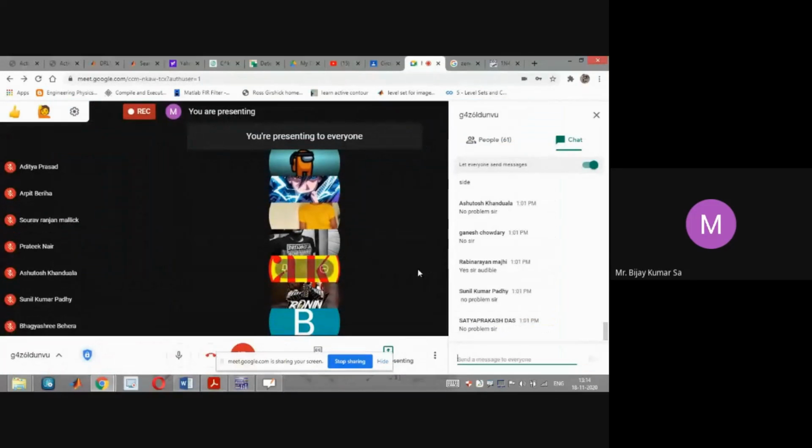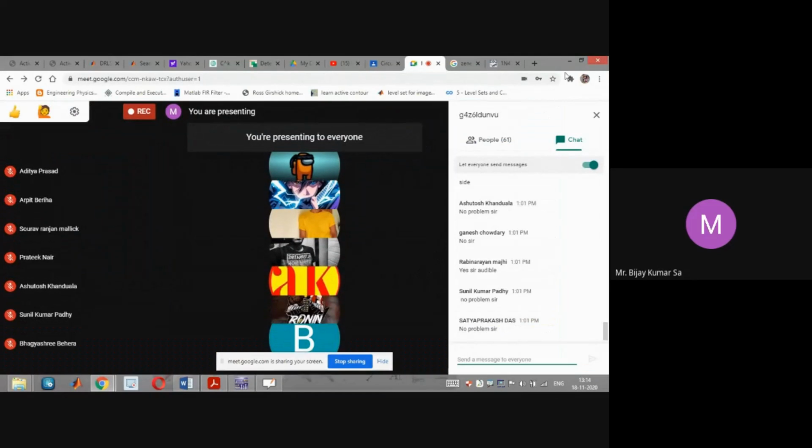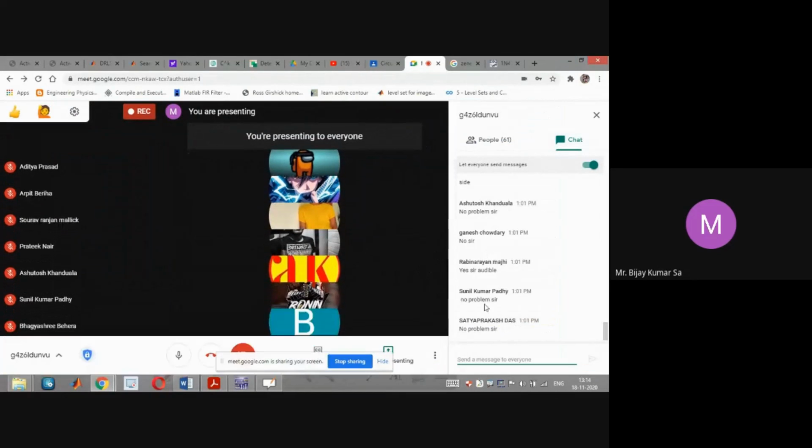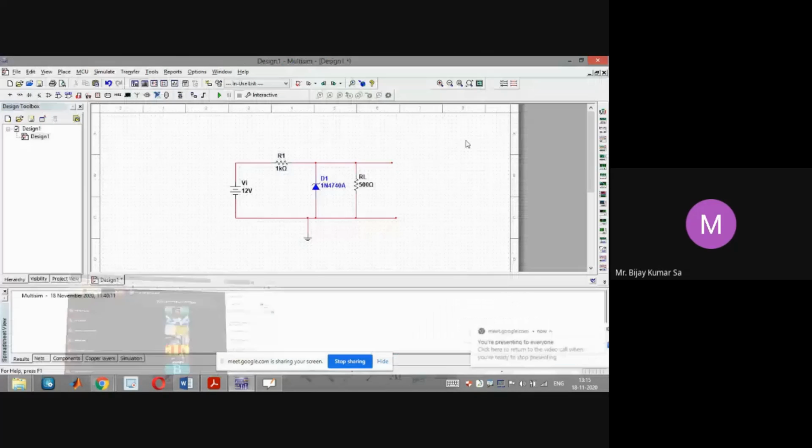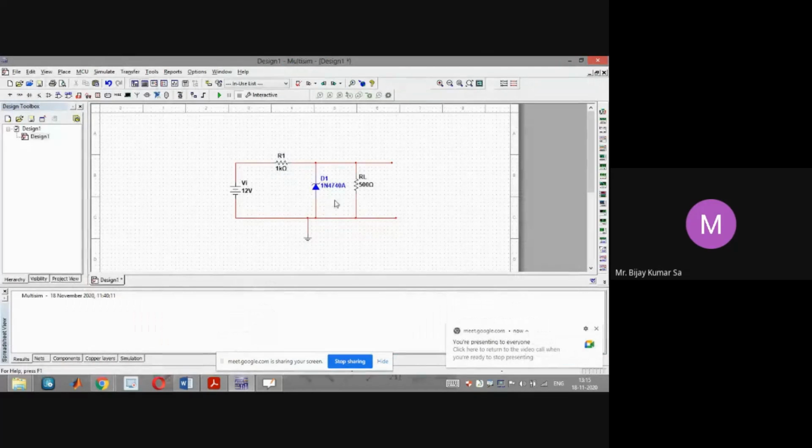I will check in the chat box. Reply. Do the calculation. We have already derived the expression. Using that expression, you just find out what is the minimum VI for this circuit to turn the zener diode on.